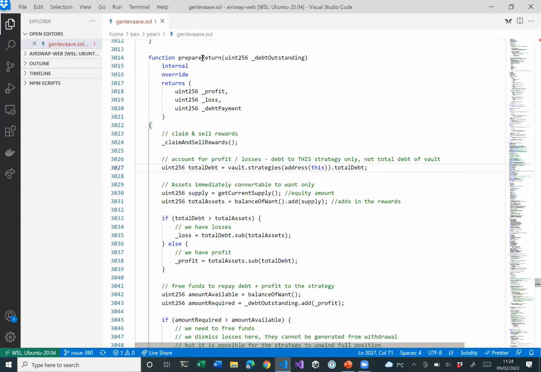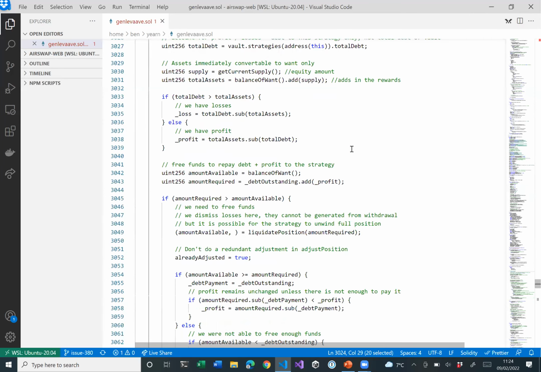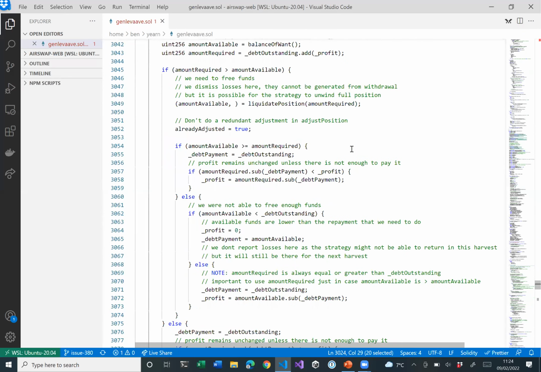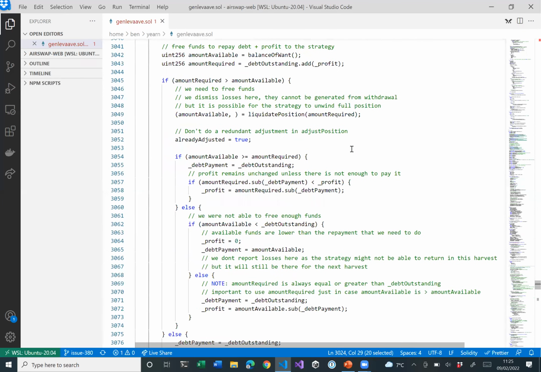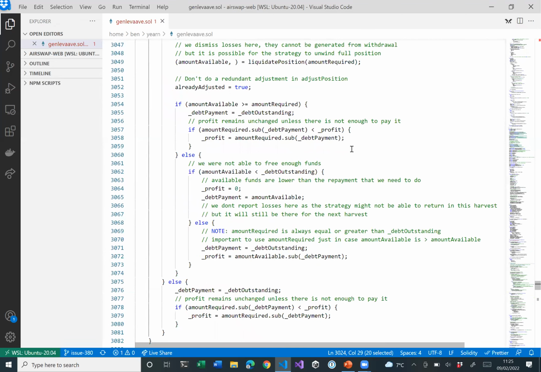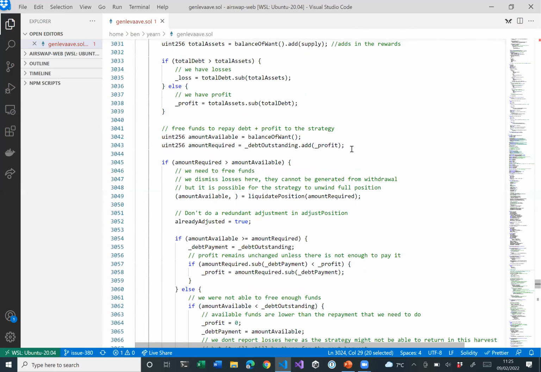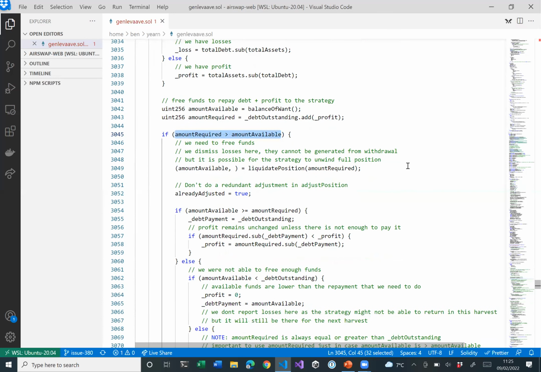So in this prepare return function, you're claiming and selling your rewards, and then, what is this? Yeah, they're checking their debt positions. They're basically saying if the amount of the required repayment is greater than the amount that's available, then they're in this kind of negative equity position, and then they need to sell some of the position.